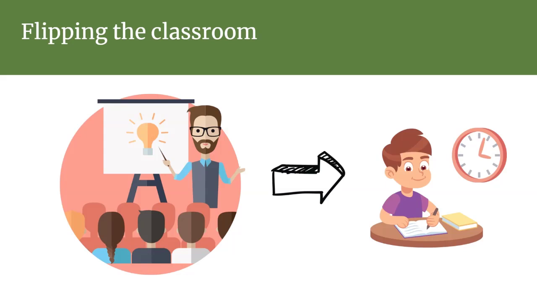So it's the teacher just communicating everything, and the students have to somehow be attentive and get all the information right. Educators who promote flipping the classroom would say that this is not an ideal model, because it's not interactive.